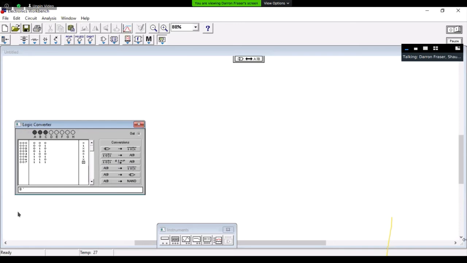So what changes there? 1 to 0, X1. 0 to 1, 1x. 1 to 1, X0. 0 to 0, 0x. 0x. 1 to 0, X1.